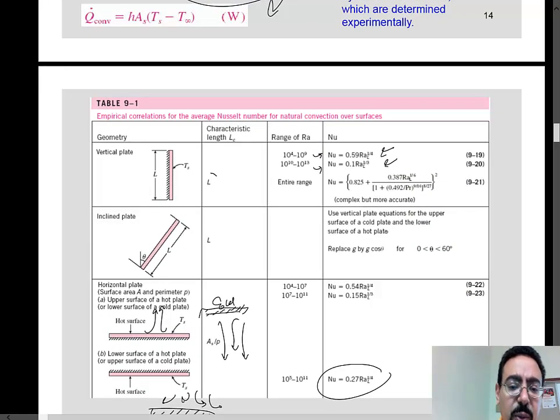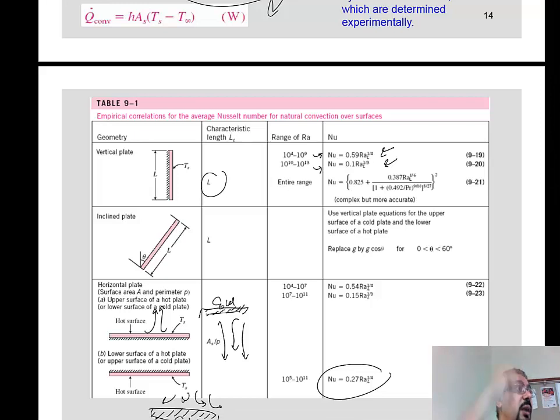Next to each table, he will tell you what the characteristic length is. For example, for a vertical plate, the length that makes sense from the physics point of view is the height. This is a big mistake that students can make. You have a vertical plate, say 4 meters by 3 meters.